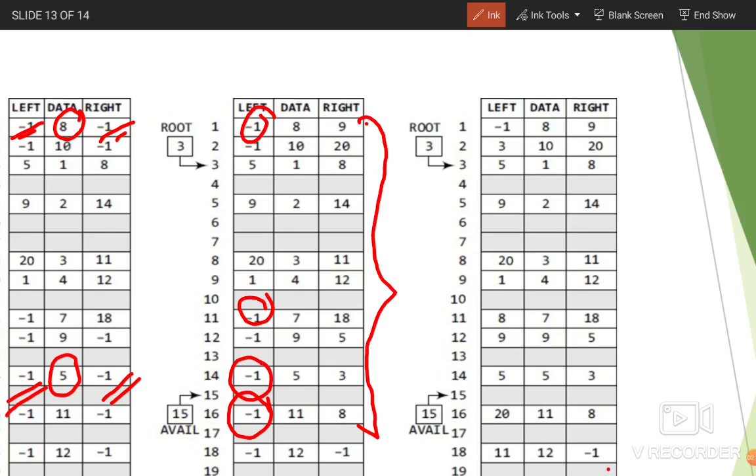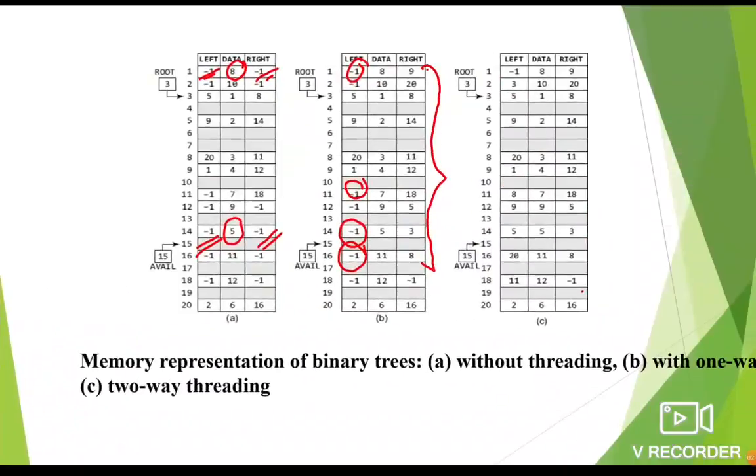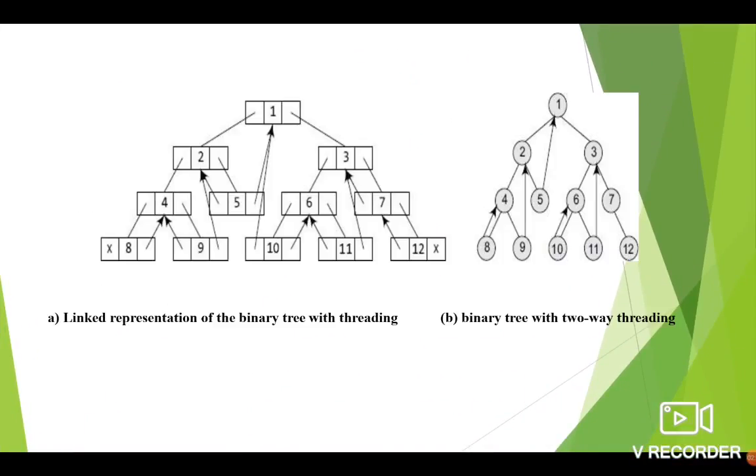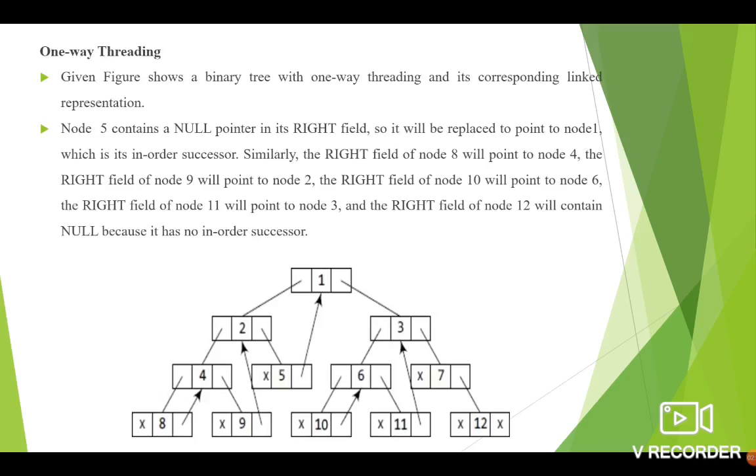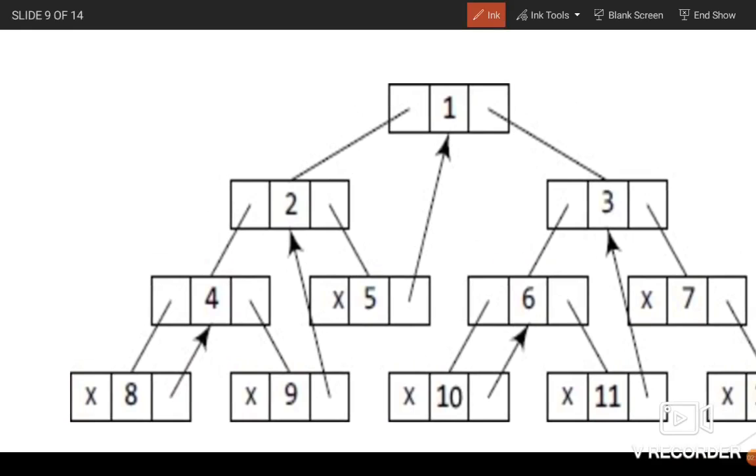So this binary tree is called a right-threaded binary tree. Here the binary tree is threaded in the right side. That is one-way threading. For the node 8, we don't have the right child. Instead of storing the null pointer, we are storing the in-order successor, that is the address of node 4 here.